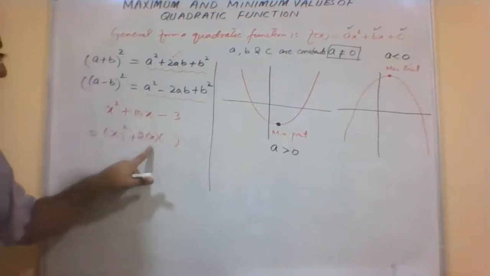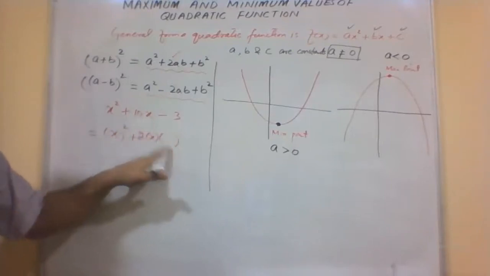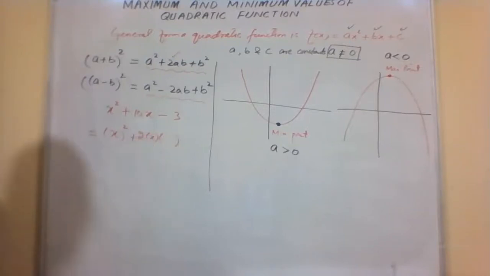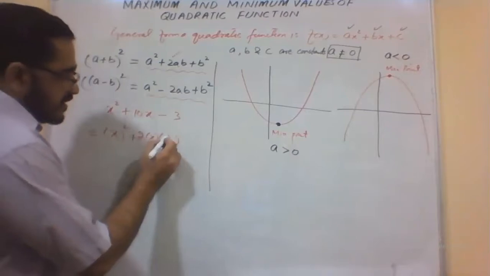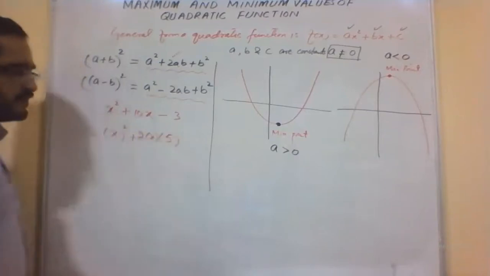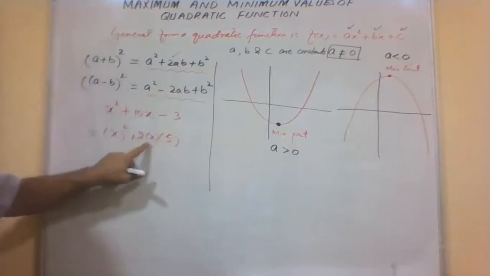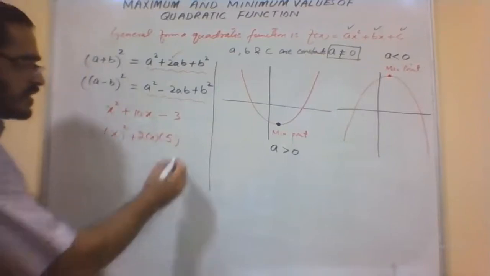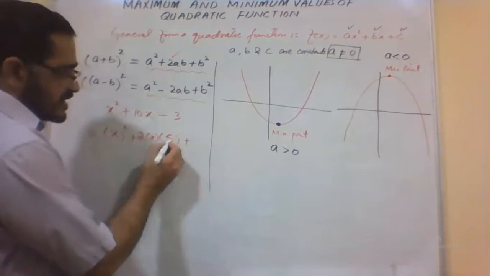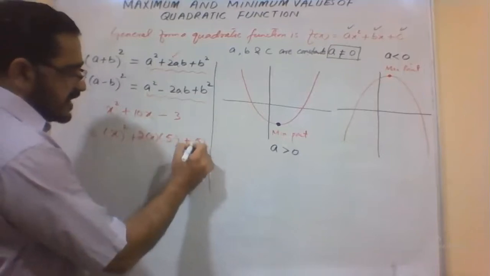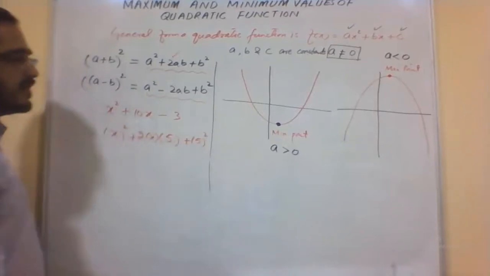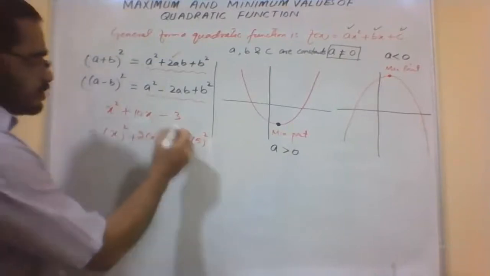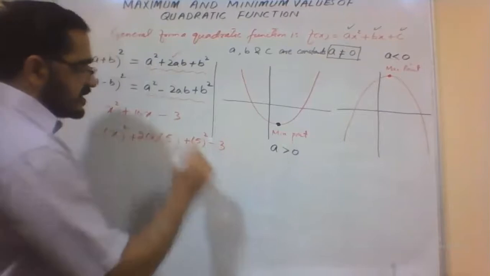As there is already 2x, if we take b as 5, then 2 fives are 10x, plus b square. As we have taken b as 5, b square will be 5 square. This minus 3 stays as it is.